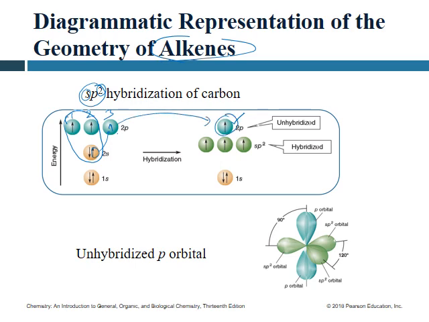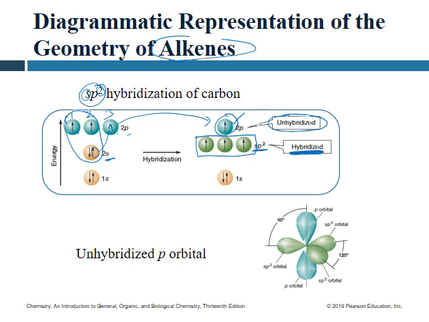After mixing 3 orbitals, 1 s and 2 p, you get 3 hybridized orbitals, right? And one of the p orbitals that didn't get involved in the hybridization remains unhybridized. That's why we call this hybridization sp2.